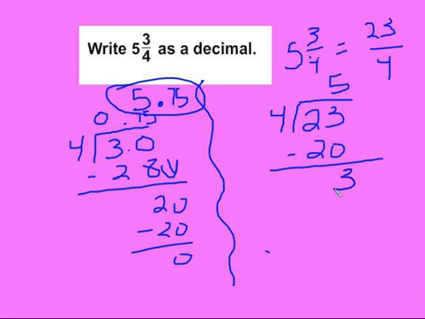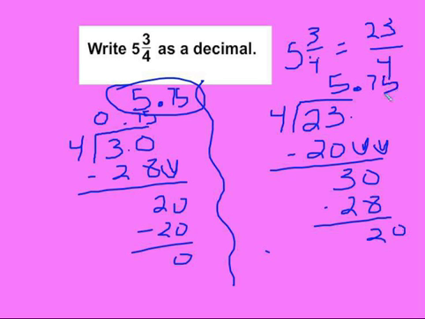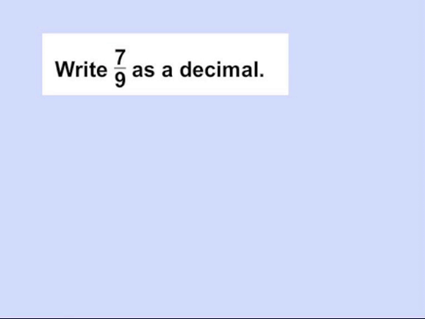Okay, so 4 does not go into 3, so put down a decimal. Drop down a 0. 4 goes into 30 7 times. And we go through the same process again, only this time we know that the 5 being the whole number is included within our work. So 5 times 4 is 20. Subtract, I get 0. So my answer, once again, is 5.75. So two ways to go about doing this.